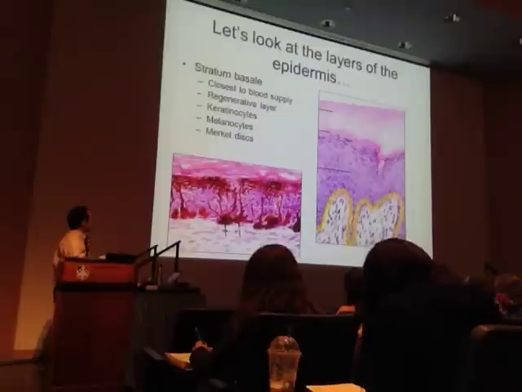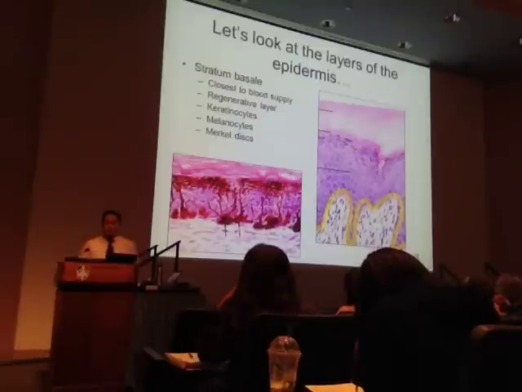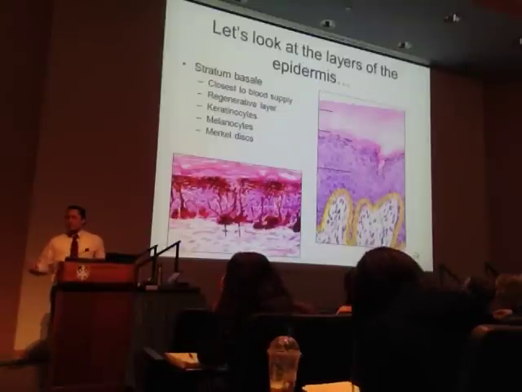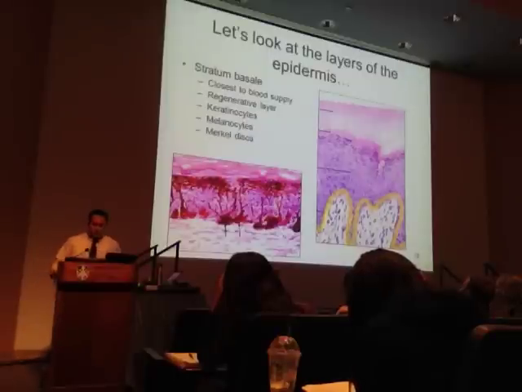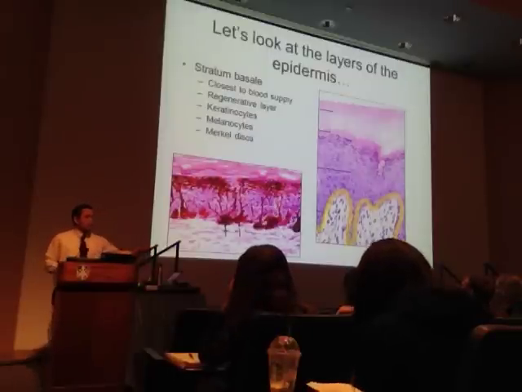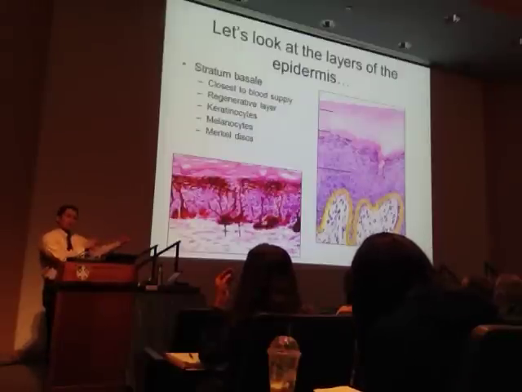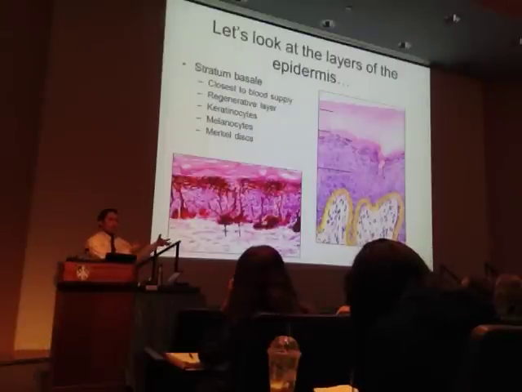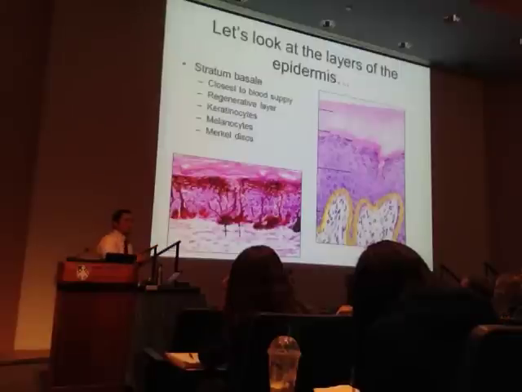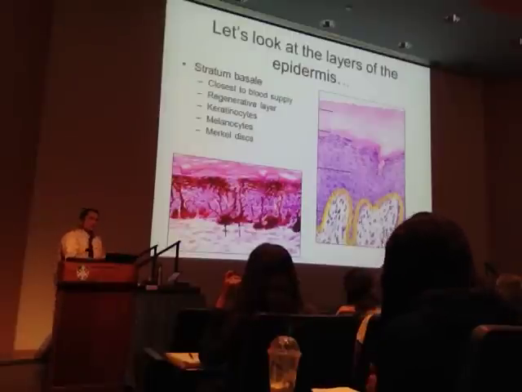The second cell type we find in the stratum basale layer are melanocytes. Melanocytes make a product known as melanin. Melanin is a brown pigment that we've talked about. I showed you a picture of unstained skin in a patient that had darker coloration to the skin, and you can appreciate, remember the little brown spots? That's melanin.